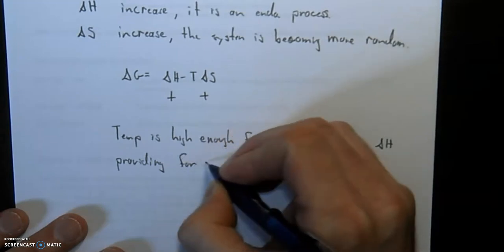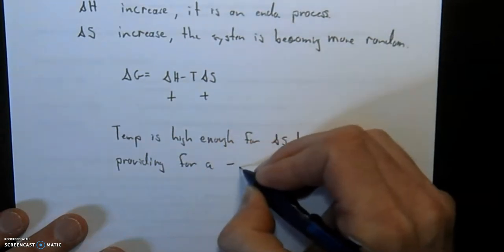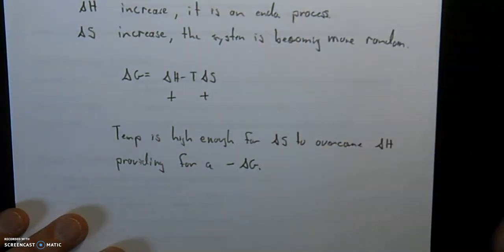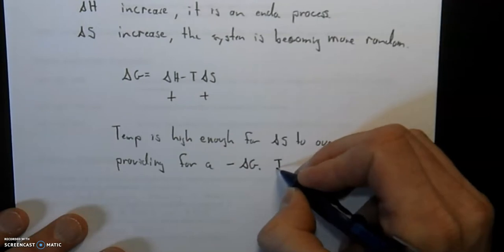So it's providing for a negative delta G, because we know it is spontaneous. The ice does melt.